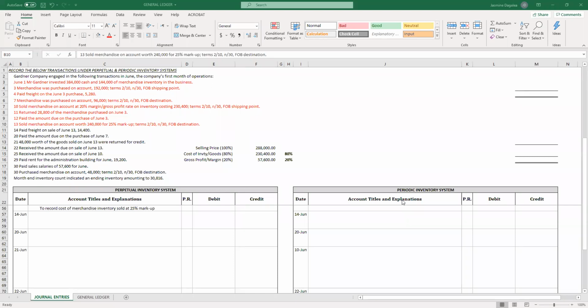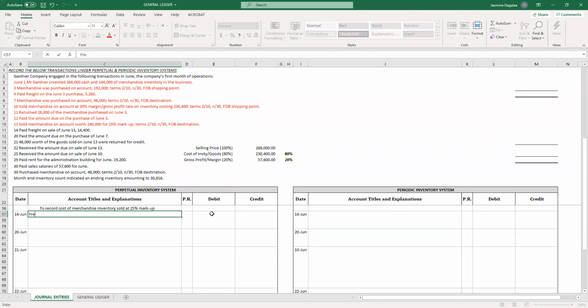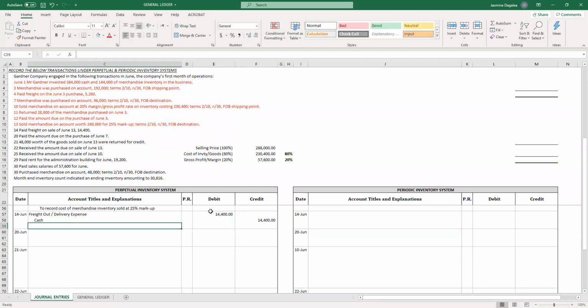Debit freight expense. Yeah, debit freight out or delivery expense, 14,400. Credit cash, 14,400. Kasi simple payment. So, pag binayaran mo ng cash, credit cash. Paid freight on sale of June 13.